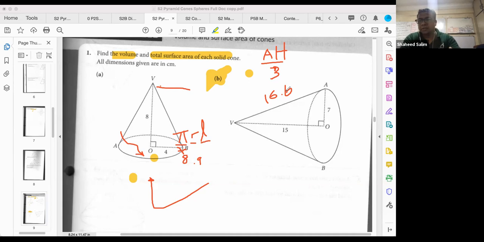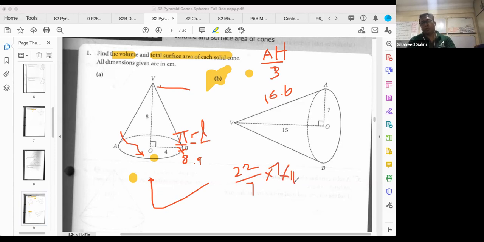You got 170, is it? Okay, we try lah. Formula is pi RL. Pi RL. So 22 over 7 times 7 times 7. You try.